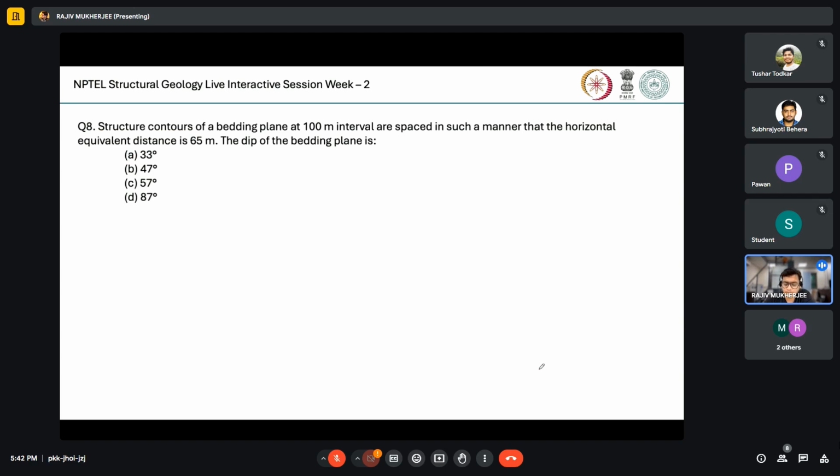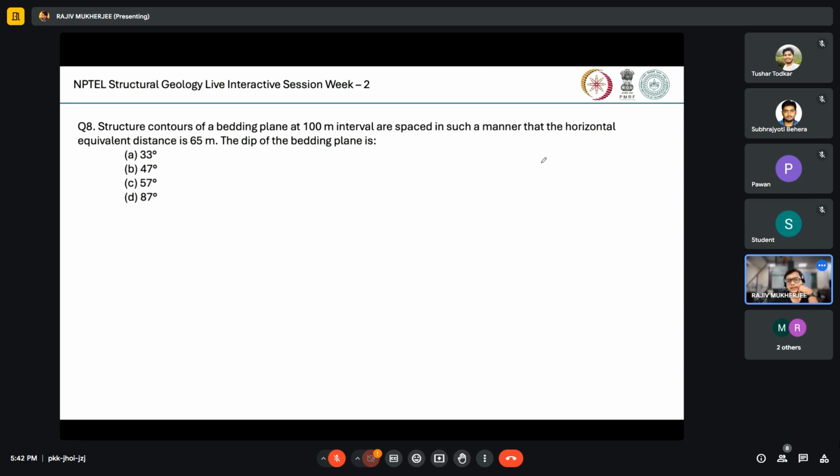Okay, so the eighth question: structure contours of a bedding plane at 100-meter interval are spaced in such a manner that the horizontal equivalent distance is 65 meters. The dip of the bedding plane is 33 degrees, 47 degrees, 57 degrees, or 87 degrees. So what are structural contours?